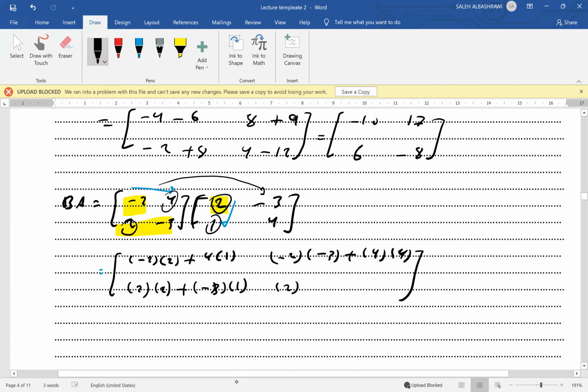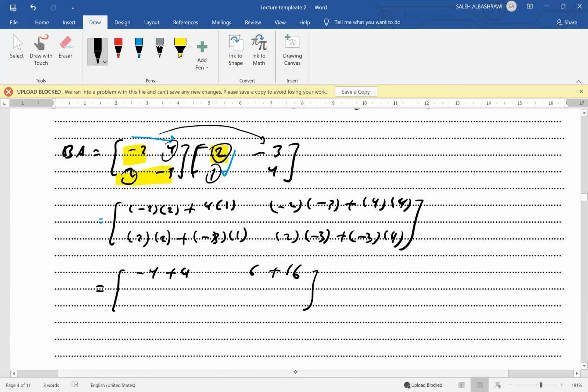It will be 2 times -3 plus -3 times 4, which is equal to: I will have -4 plus 4, 6 plus 16, second one will give me 4 minus 3 and -6 minus 12, which is equal to [0, 22; 1, -18].